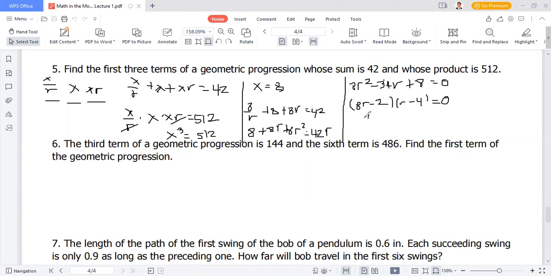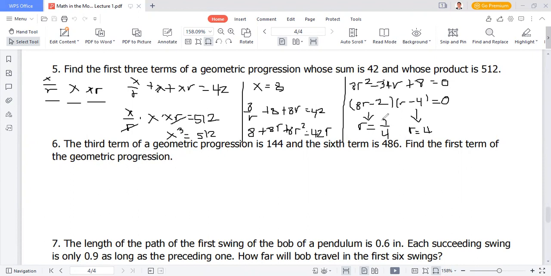So, dito sa unang factor, yung r natin ay 2 over 8, no? Or 1/4. Dito naman, r is 4. And as you can see, pwede yan pareho. So, dalawa yung possible na sagot.